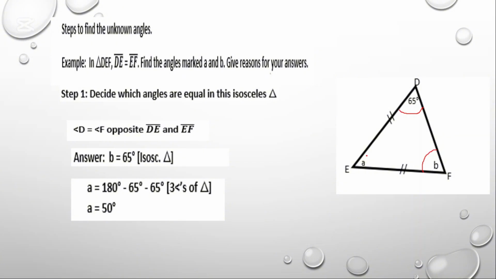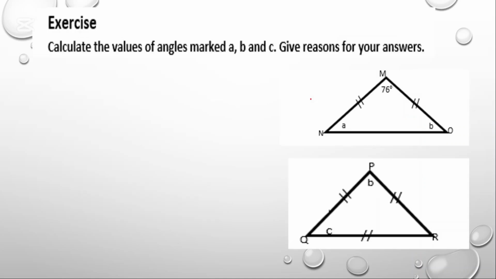So step 1, first decide which angles are equal, because the sides will be marked the same. Once you have that, you can work out A or work out B, whatever they ask for. Here they ask you to calculate the values of angles marked A, B, and C, and always give a reason for your answer.